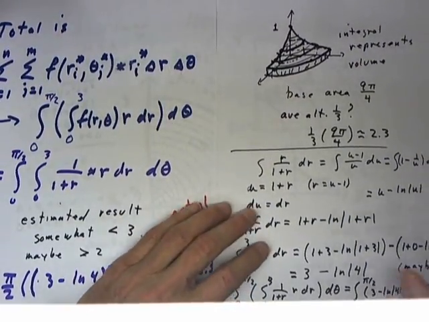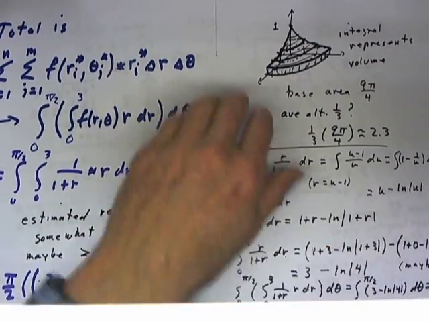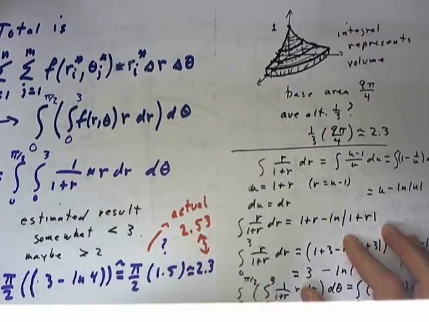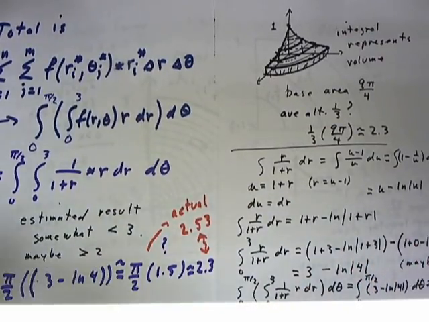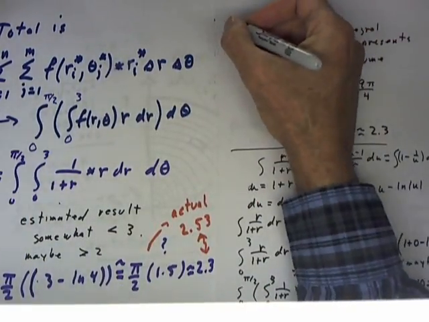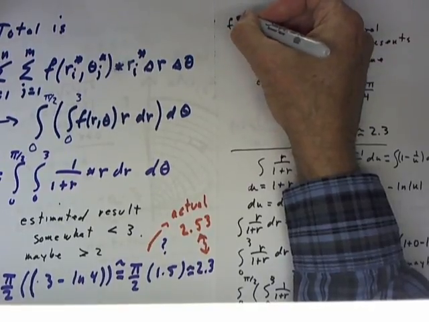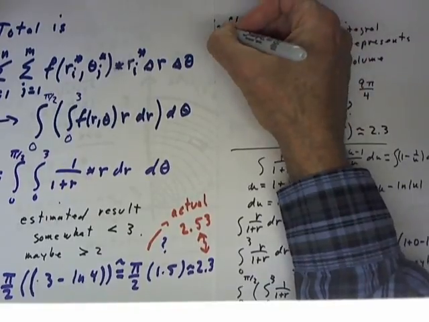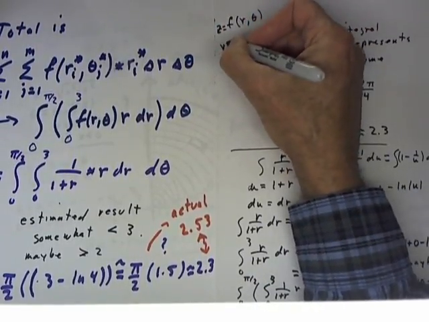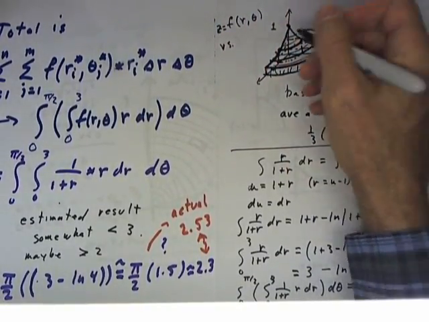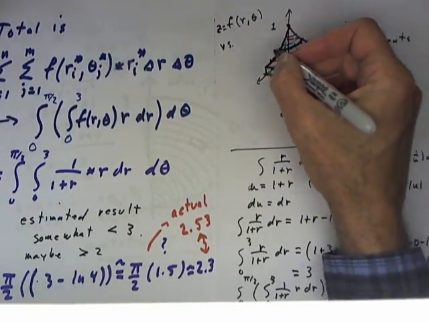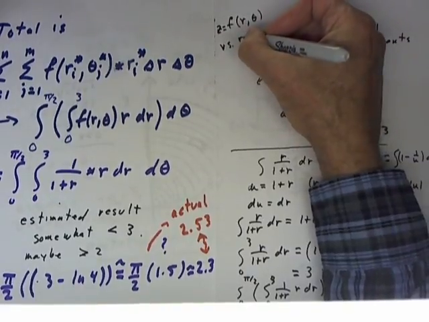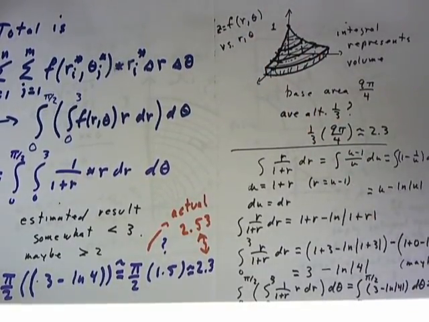Another estimate in terms of the volume of the three-dimensional graph of f(x,y). So this is a graph on this region of, in this case, f of r, theta. c equals f of r, theta, versus r and theta.